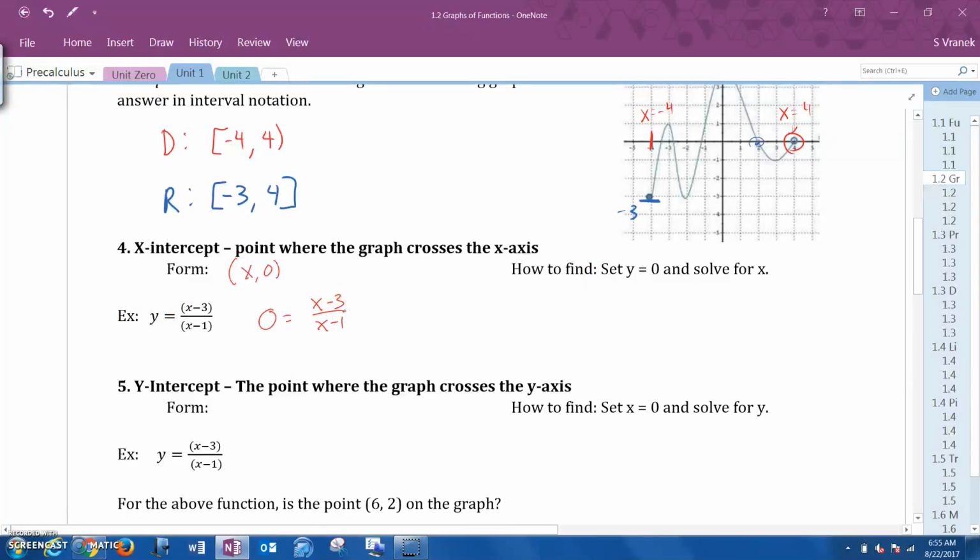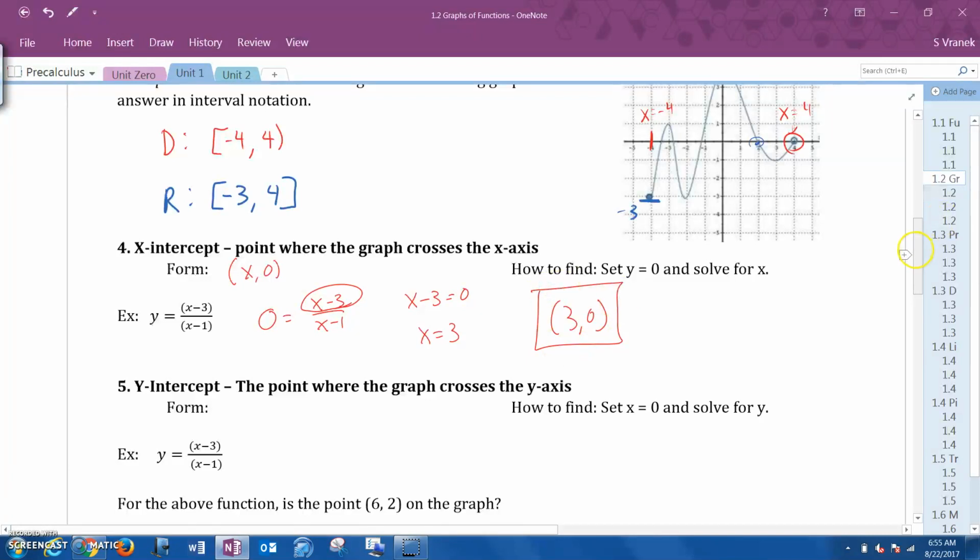Now this is where you have to remember what makes a fraction 0: when the top is 0. So we set the top equal to 0, and we get that x equals 3. So when x equals 3, the fraction becomes 0. We do not set the bottom equal to 0 because that's when we're looking for our domain restrictions, but that's not what I asked here. So the intercept would be 3 comma 0 for this problem.